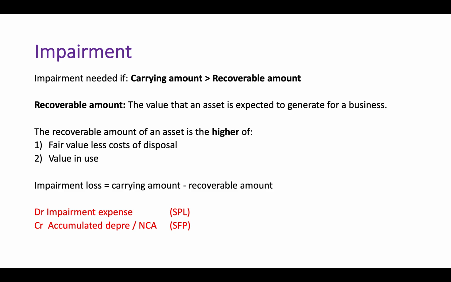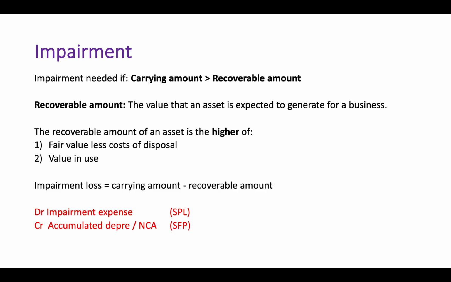Recoverable amount is the value that an asset is expected to generate for a business, and it is measured as the higher of the fair value less cost of disposal and the value in use. Fair value less cost of disposal looks a bit complex as a term, but what it means is the value you can get by selling the asset minus any selling costs.